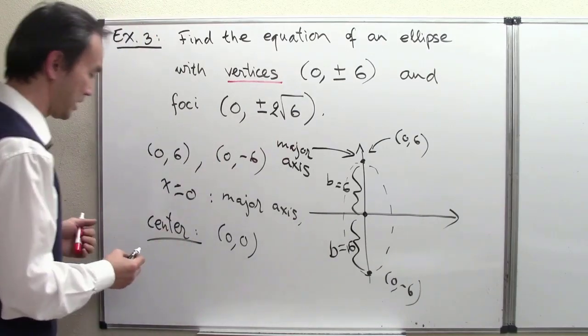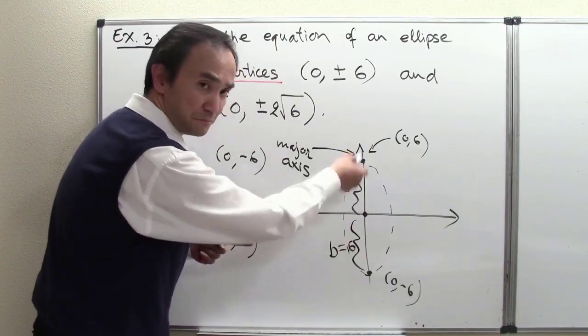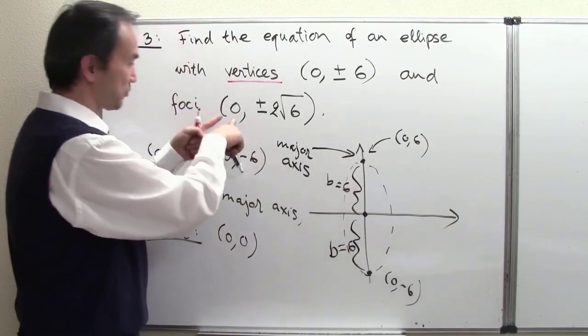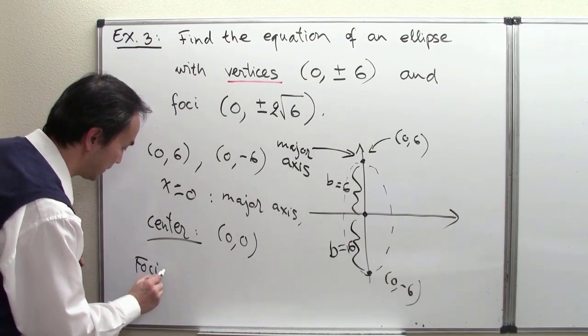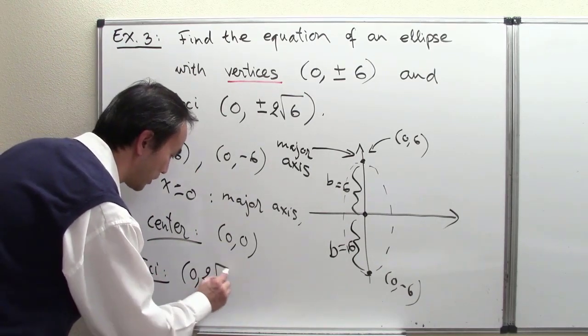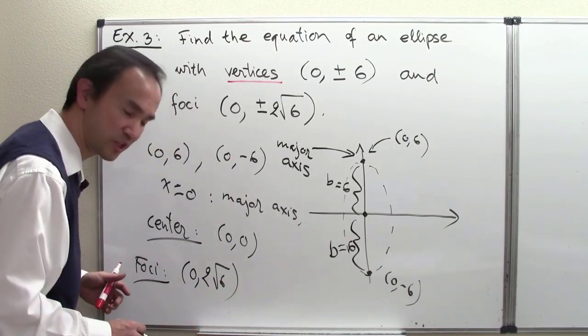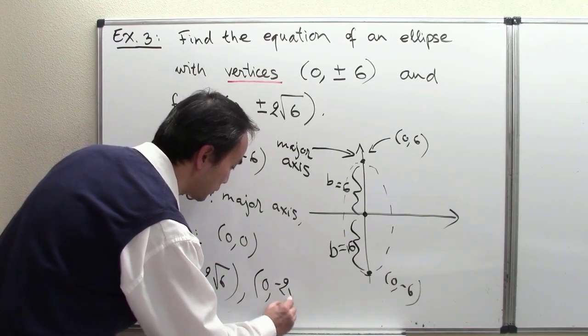Now, foci information. The foci are on the major axis again. So that's why it's reading for the foci 0, +2 square root of 6. That's one of the foci. And the other point, 0, -2 square root of 6.